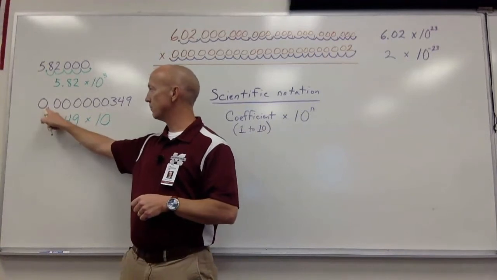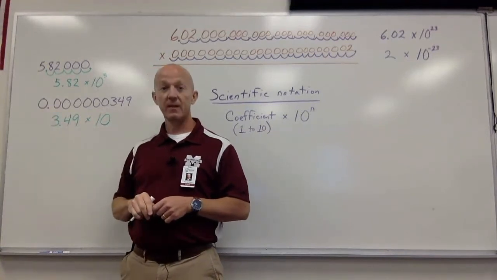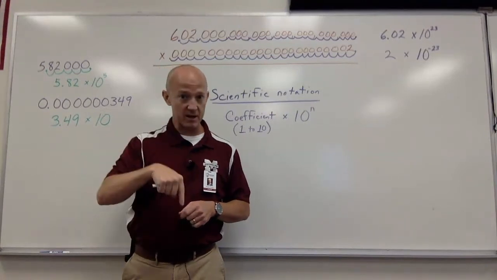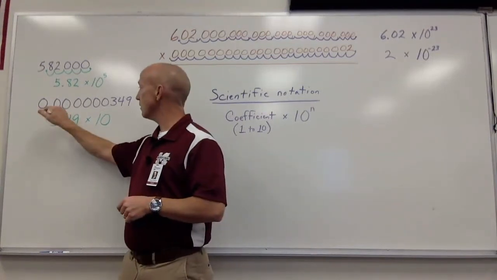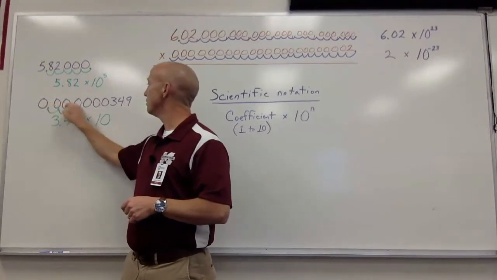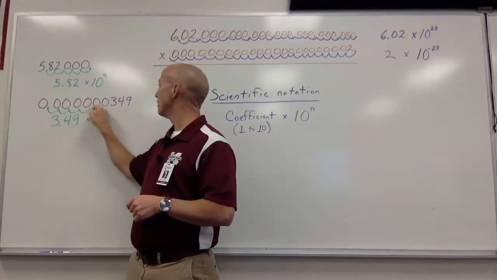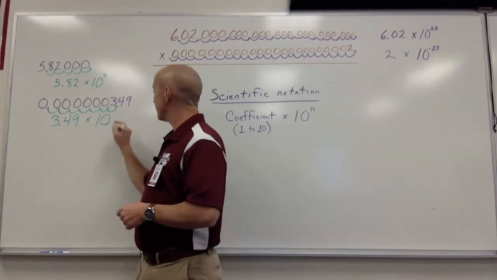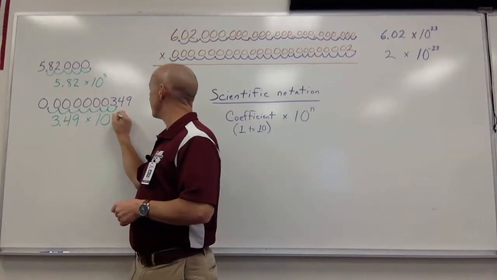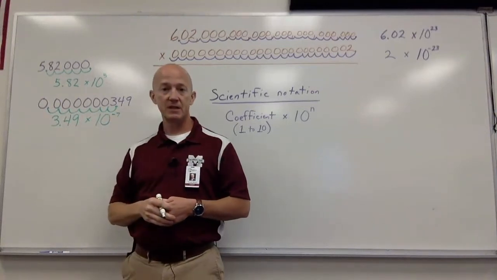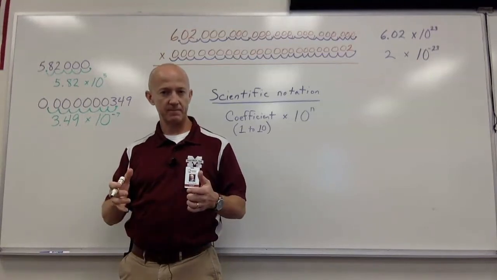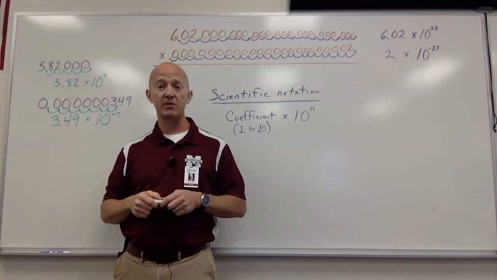Here's our decimal. Which way are we going? To the right. So our exponent is going to go down, isn't it? 1, 2, 3, 4, 5, 6, 7. So that makes it 3.49 times 10 to the negative 7th power. You get it? And that's how we do scientific notation.